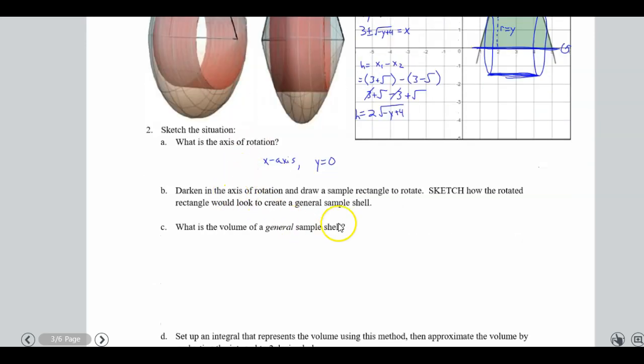So the volume of a general sample shell is going to be this 2 pi r times h, in this case, times dy. We'll replace those now with 2 pi times y times this 2 square root of negative y plus 4, all under the root, and then our dy. Alright, so that's one sample shell.